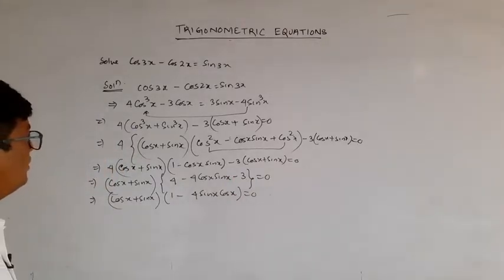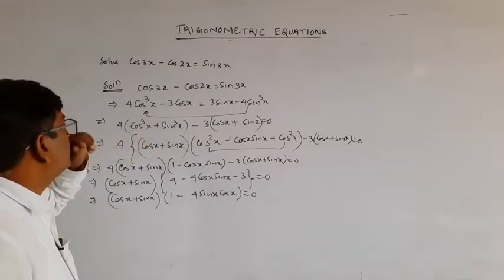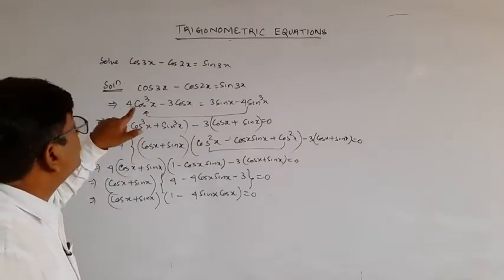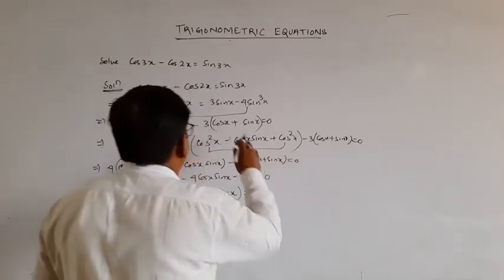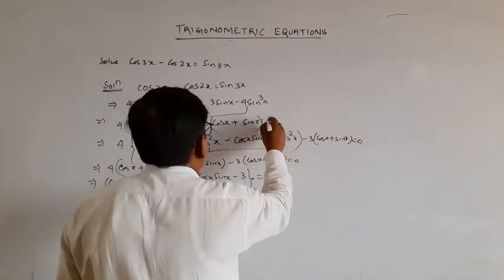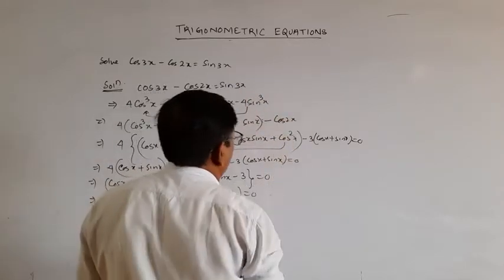Got it? This is a cube plus b cube. Here also minus 2x is present. Sorry, this is minus cos 2x.